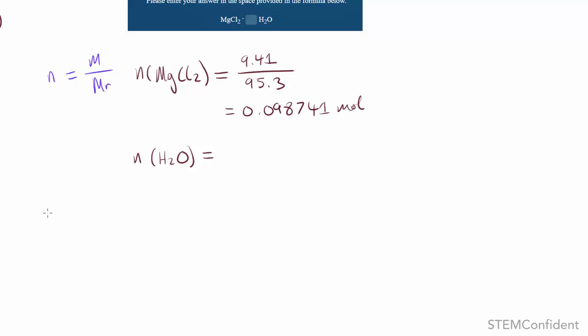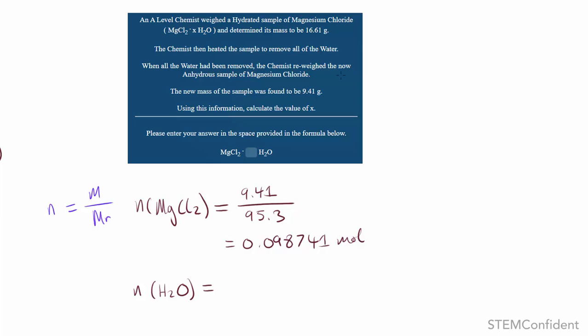So if we do a little bit of basic arithmetic here, the H2O mass is simply going to be the difference between the hydrated sample mass and the anhydrous sample mass.